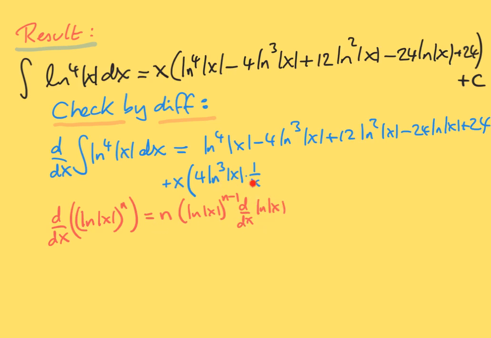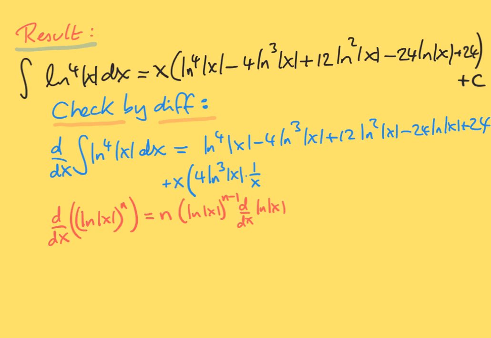So that's exactly what we've done here, and you can see immediately the good news that the 1 over x and this x will cancel, and here we've got 4 log cubed x. Oh, here we've got minus 4 log cubed x. They're going to cancel. That's good.